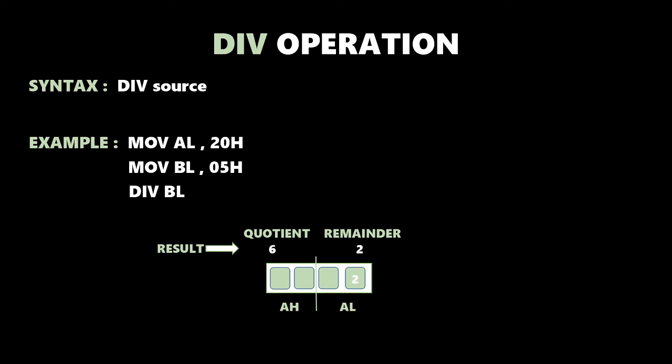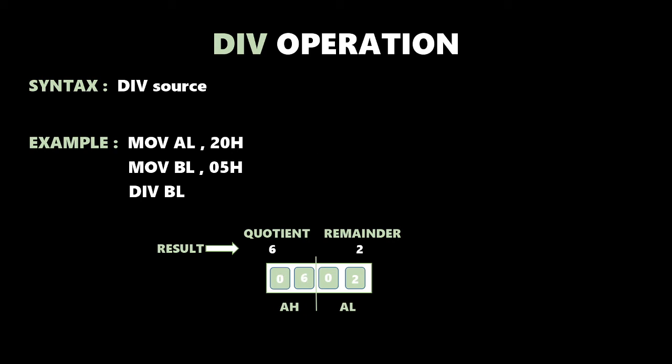The remainder will get stored in our AL register. As we can see, the remainder here was 2, so it has gone to this AL register as 2 and 0. And the quotient, which is 6 in this example, is stored in our AH register. So it is stored as 0, 6.